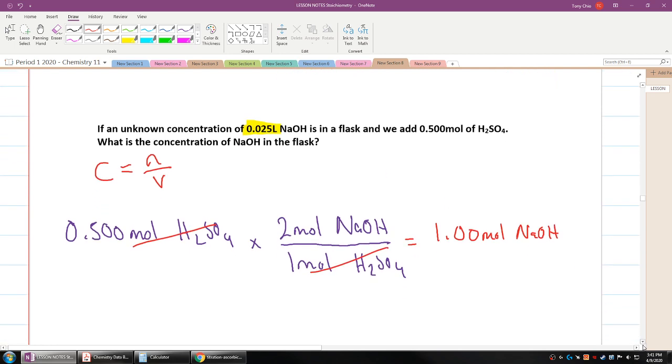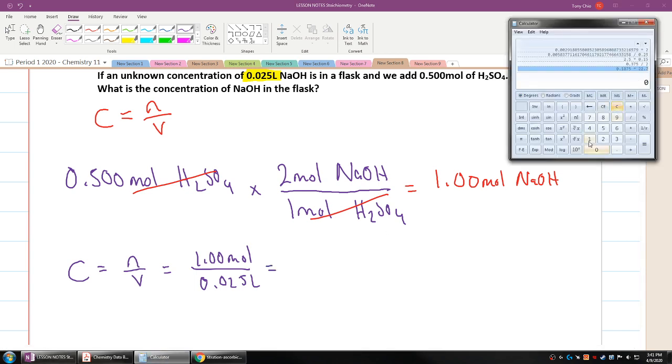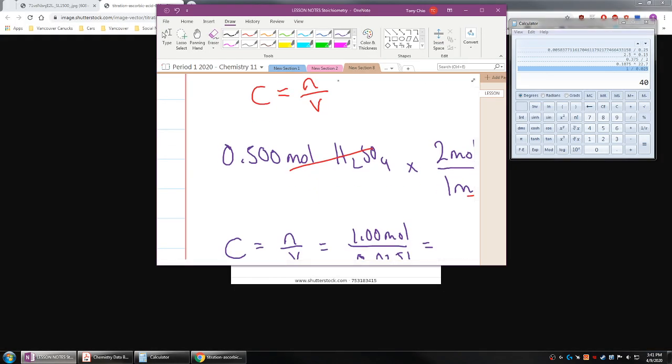So now what we want to do is take our moles of NaOH and divide by our volume, because C is equal to n over V. 1.00 moles divided by 0.025 liters. If I punch this in my calculator, 1 divided by 0.025 is going to give you 40.